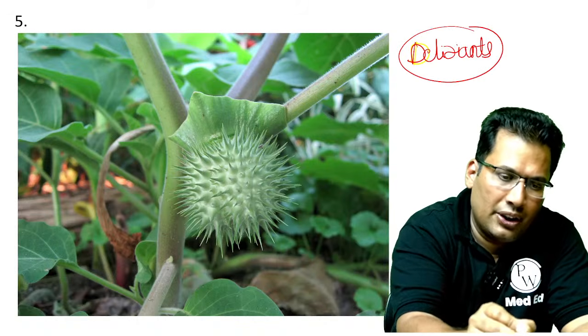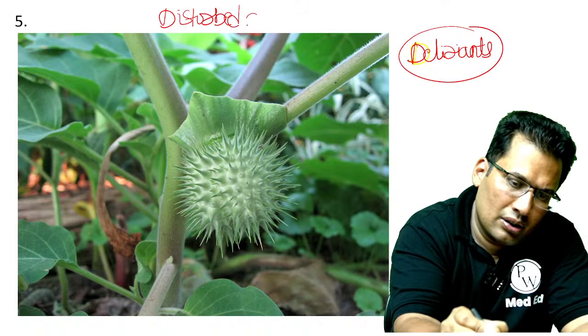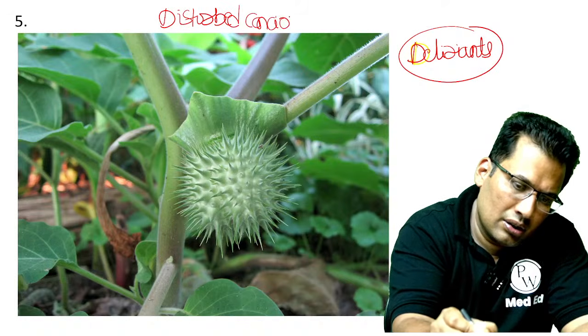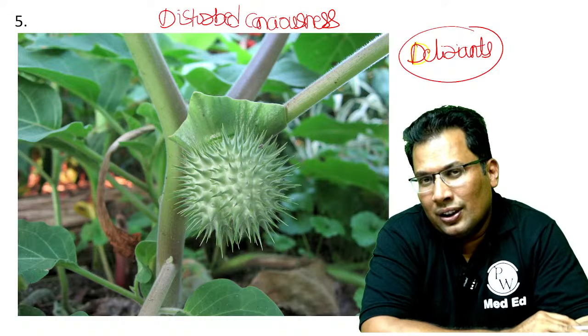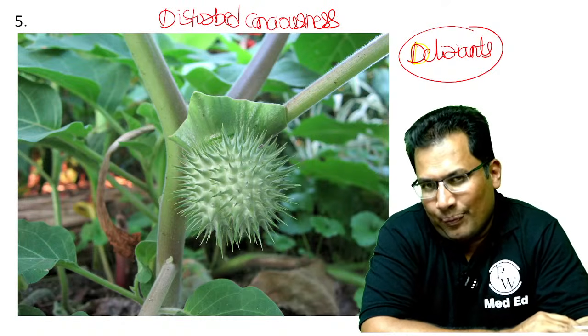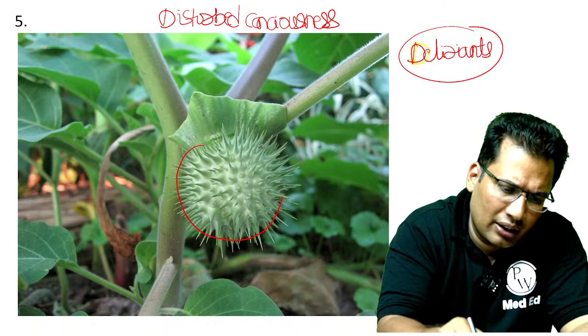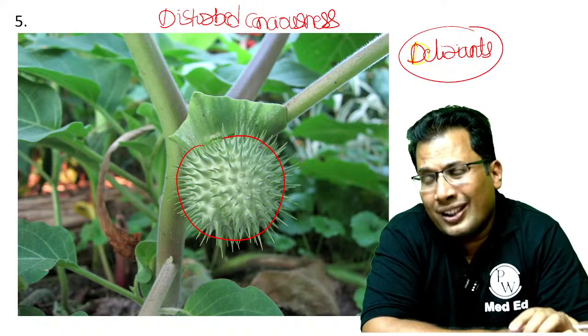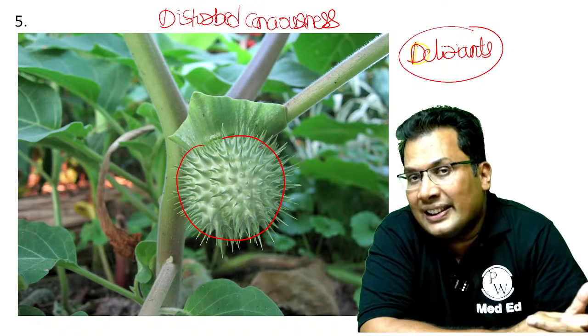Deliriant, matlab disturbed consciousness. Dry as a bone, hot as a hare, red as a beet. Okay, confused, delirium. So spiny projections are there. Drug of choice is physostigmine. Kidney shaped seeds, double edged, they are confused with chili seeds, road poison.